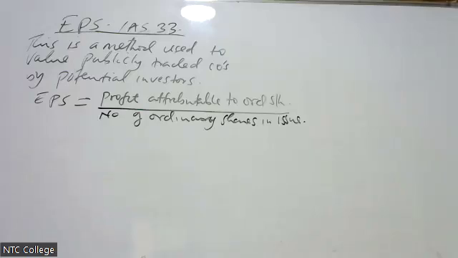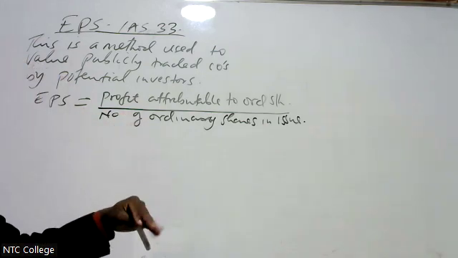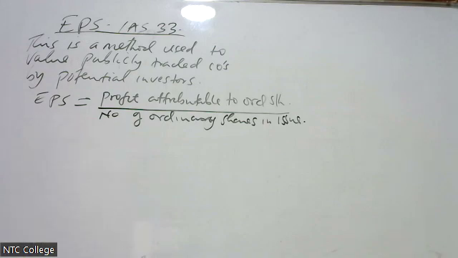How do I get EPS? Because this is the amount of profit that is attributed to every share. Therefore, I will take profit attributable to ordinary shareholders and divide by the number of ordinary shares in issue.